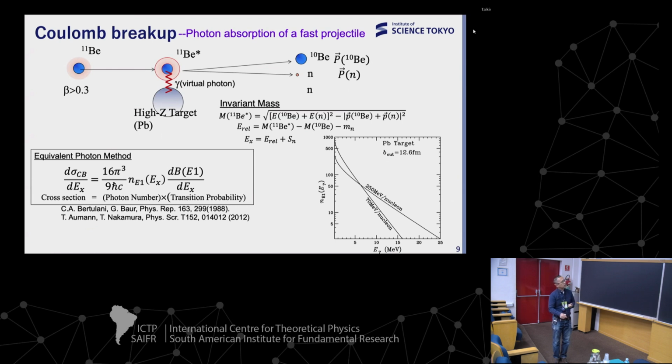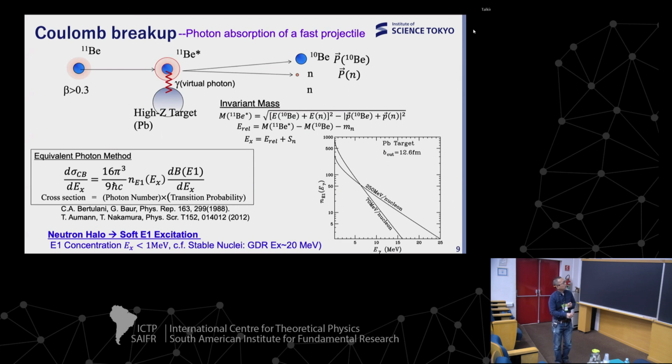So for instance, these are examples of the photon spectrum. The photon spectrum depends on the incident energy. If the incident energy is higher, then you can get photons at higher energies, while if you have lower energies, then the photons are more concentrated at lower energies.